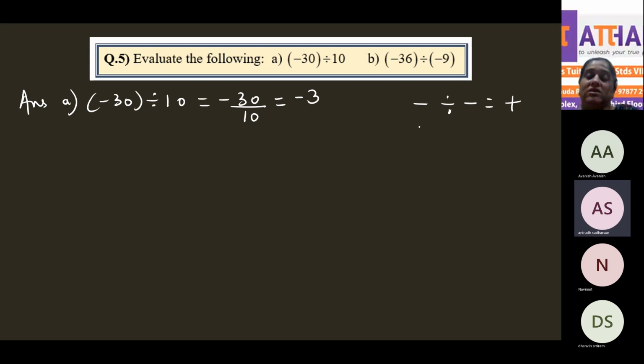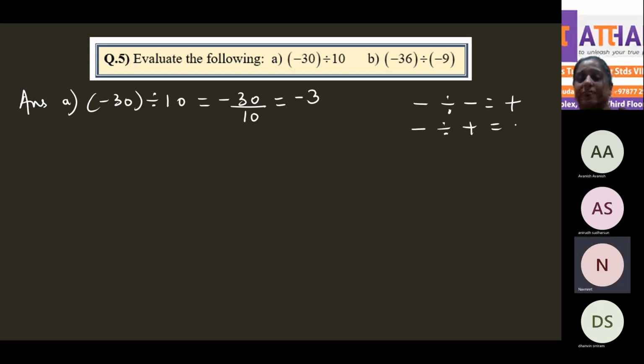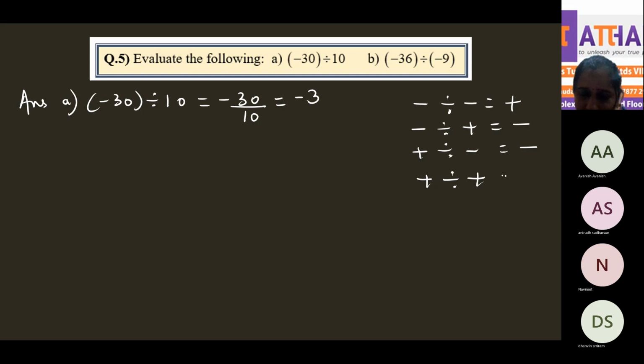Navneet, what is minus divided by plus? Minus. Avnish, plus divided by minus? Minus. And what is the last rule? Plus divided by plus is plus. Okay, so here 30 by 10 is 3, minus divided by plus is minus.